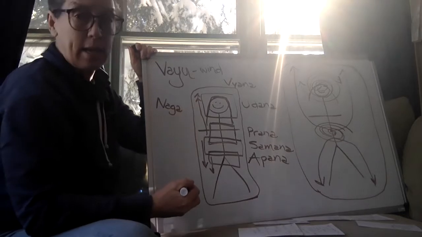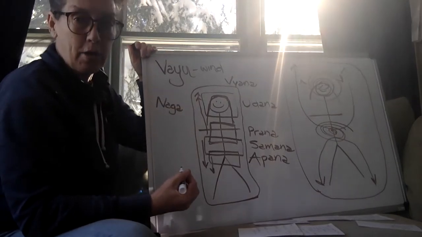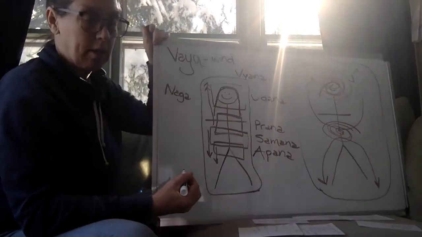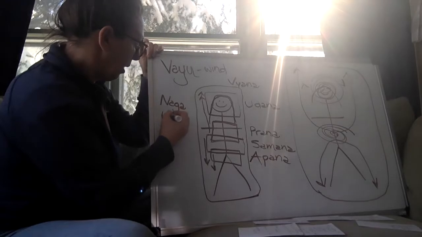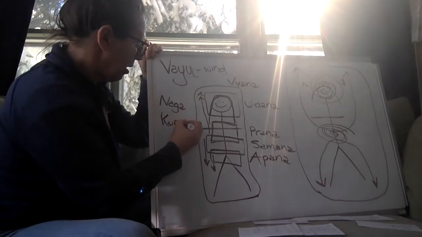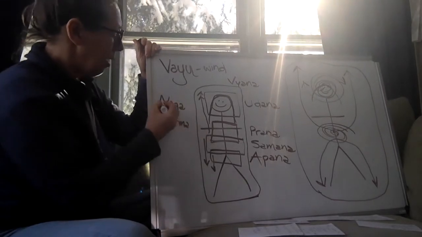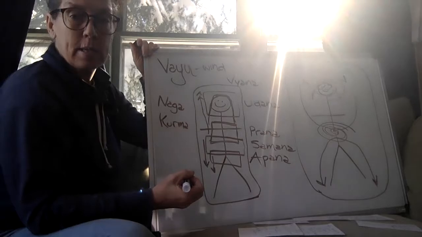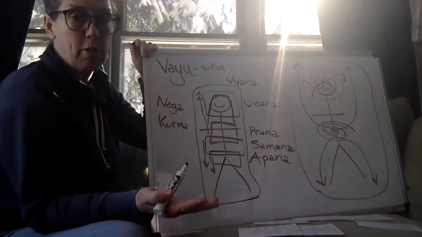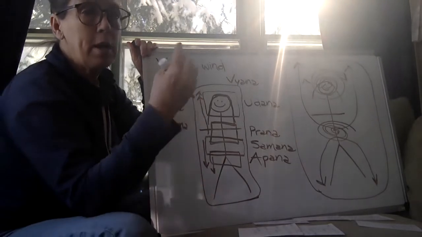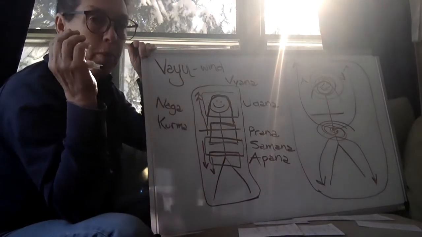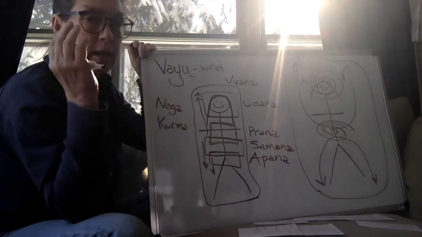Naga means snake. And in this case, the Naga Vayu is belching. Kurma, K-U-R-M-A. Naga is N-A-G-A. Kurma is a tortoise. You know that from Kurmasana. Kurma is for blinking. The Kurma Vayu is blinking.